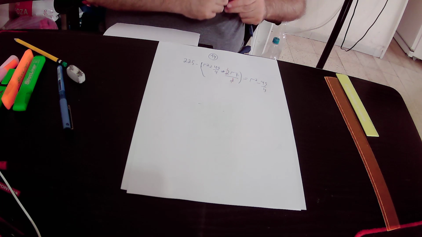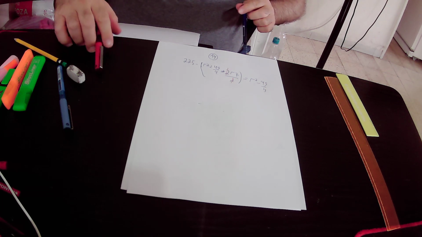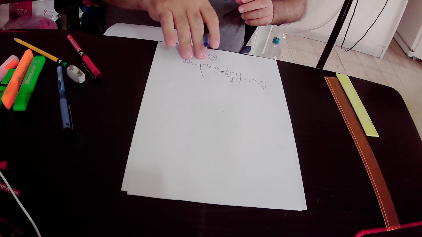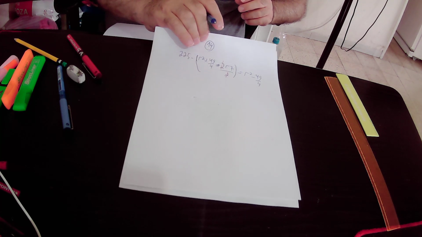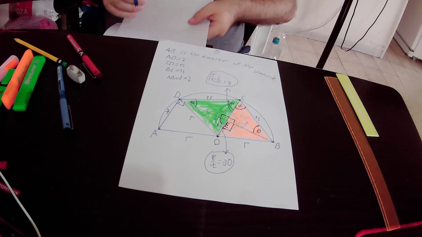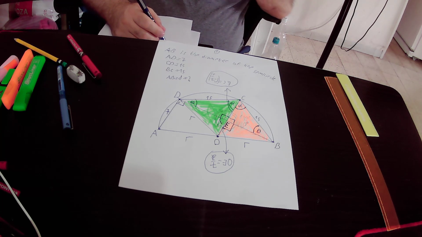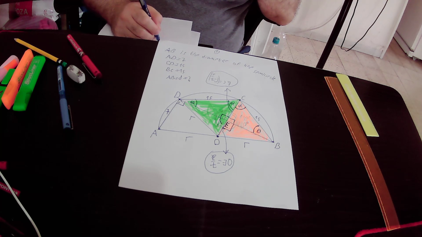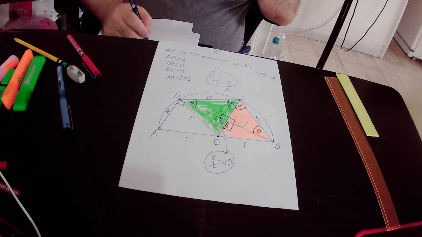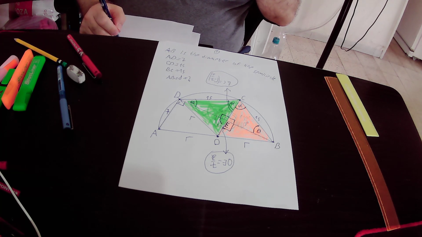So here we will open the brackets in this equality and we will get that 225 minus R square minus 49 over 4 plus 7R equals R square minus 49 over 4.